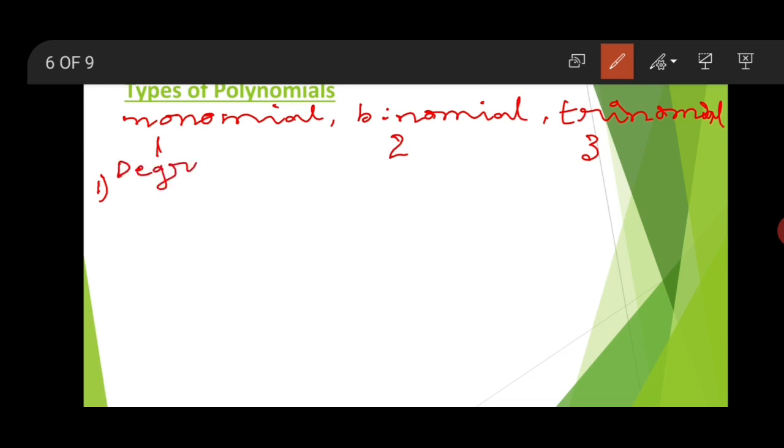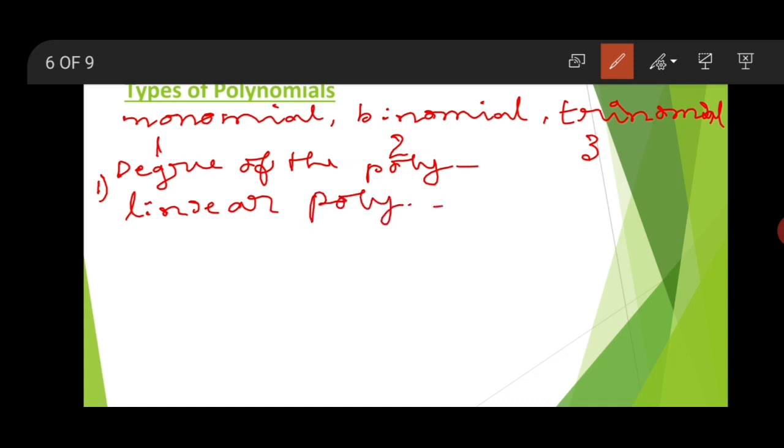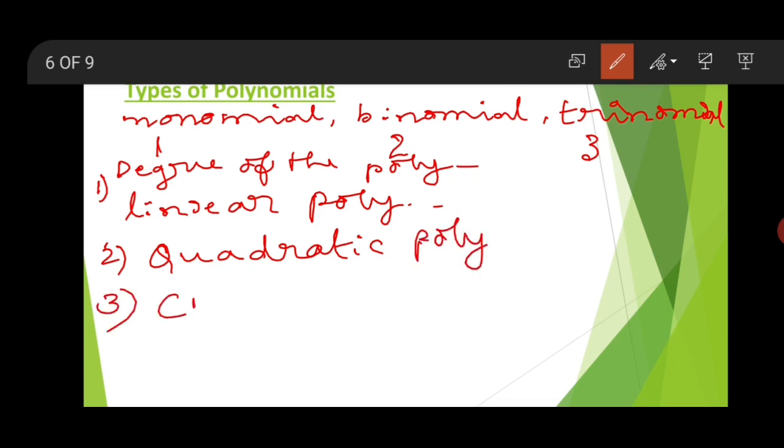Based on the degree of the polynomial, we can classify them into linear polynomial, quadratic polynomial and cubic polynomial.